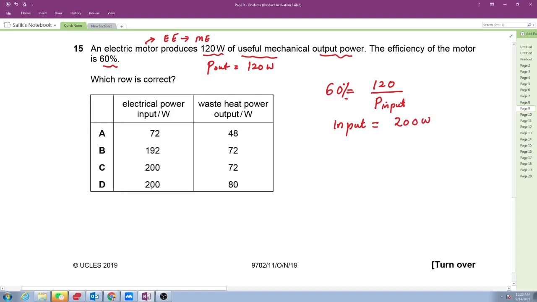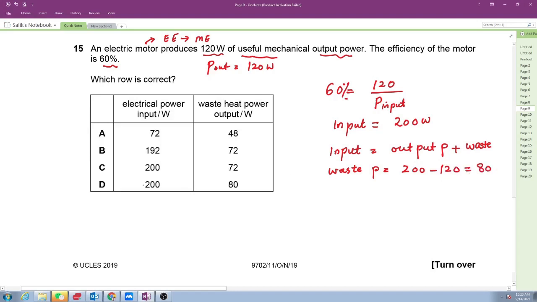This means that for the time being we can consider C and D. The input equals the output power plus the waste power, so we find the waste power: input 200 minus output 120 gives 80.